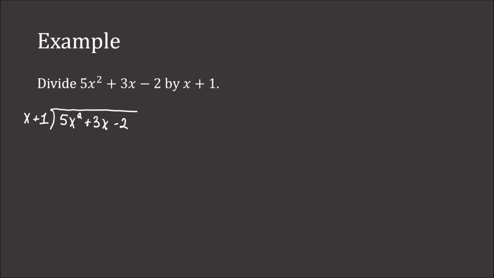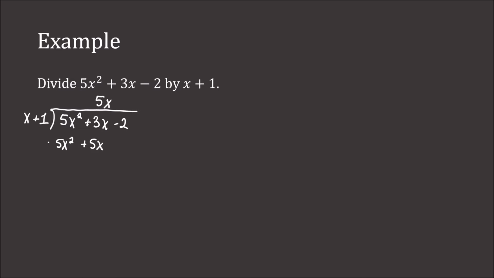So 5x squared divided by x is 5x, so that will be written up here. Now 5x times x is 5x squared. 5x times 1 is plus 5x.